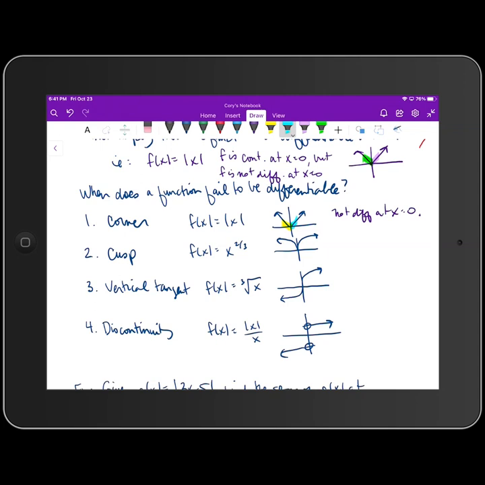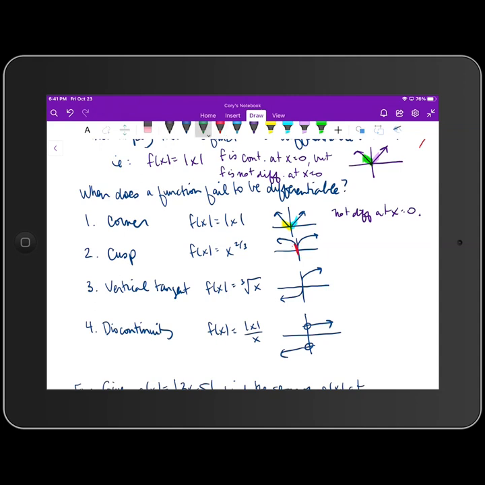The second instance where a function fails to be differentiable is at a cusp. An example of a function that has a cusp is f of x equals x raised to the 2/3 power. As we look at the slope as we approach 0 from the left-hand side, that slope goes to -infinity.